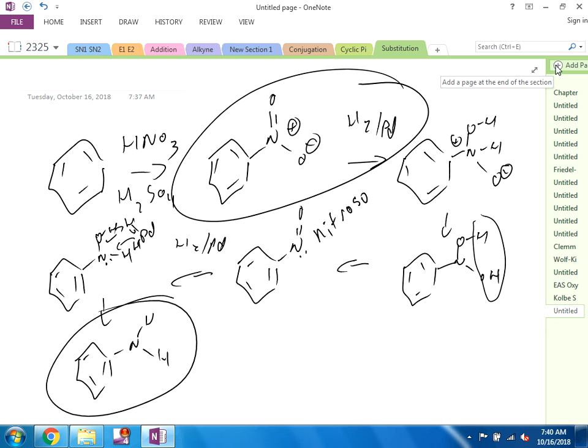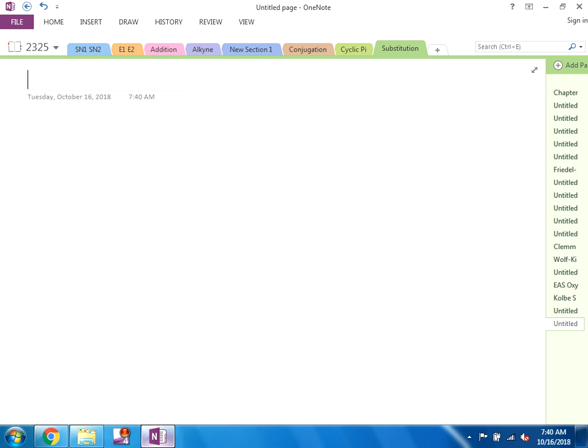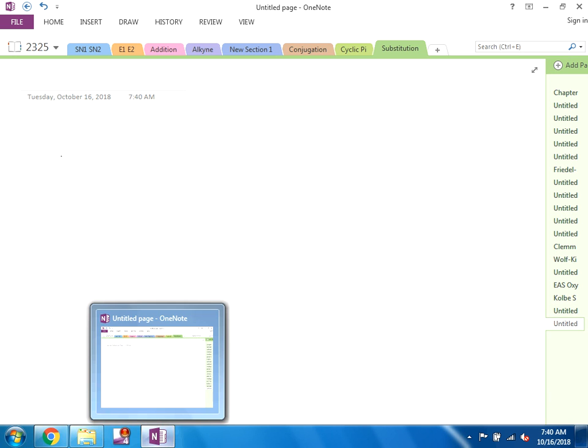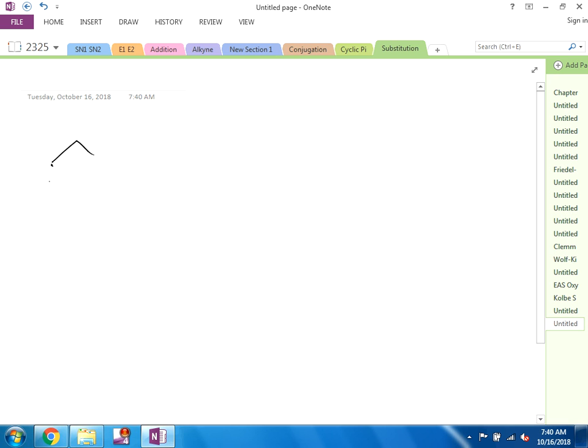then let's go ahead and use this compound to make lots of different compounds. Okay, so for this, what we're going to do is we're going to take this compound and this is sodium nitrite.